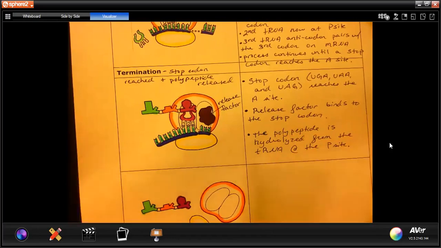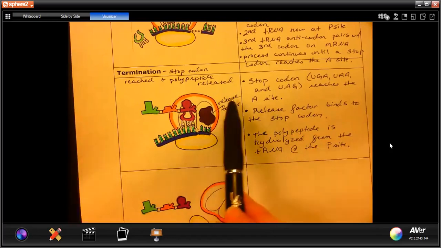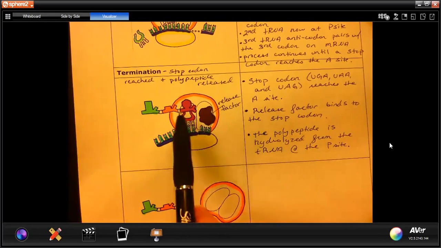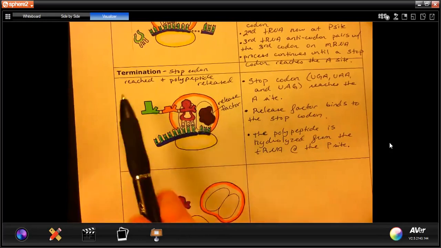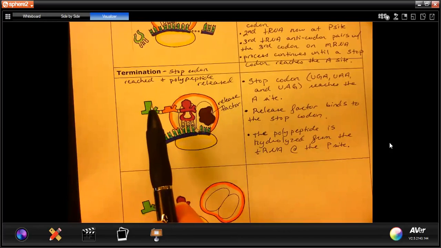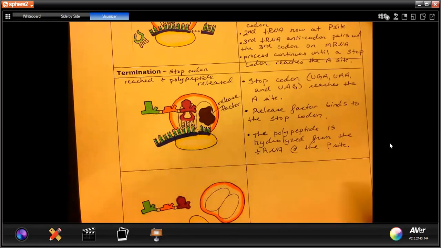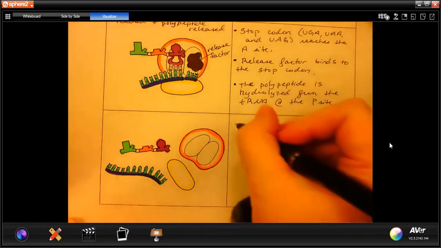Good. We've reached a stop codon, a release factor comes in. Now the polypeptide is disassociated from the rest of the complex through hydrolysis. The second that happens, the whole complex disassembles.